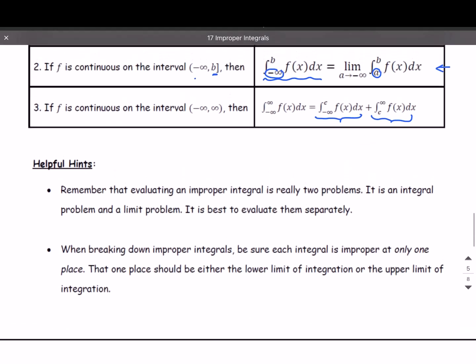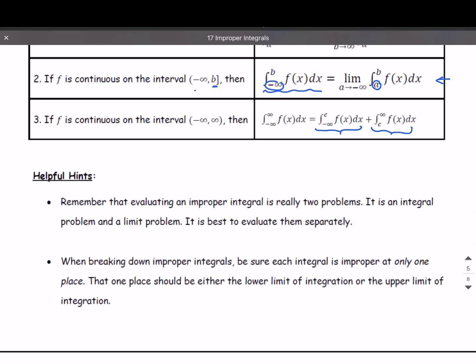Now, some helpful hints when you're dealing with improper integrals. It is helpful to remember that it's really 2 problems. First, it's an integral problem, and then it's a limit problem. Sometimes it's best to evaluate them separately. Sometimes it's nice to just deal with the integral first, then take that answer and put it back into the limit problem.